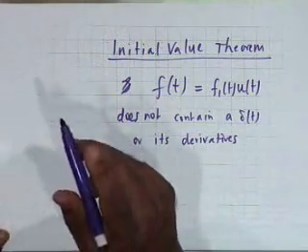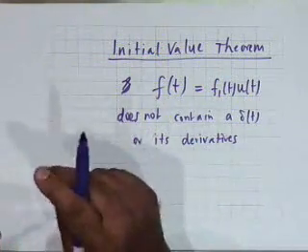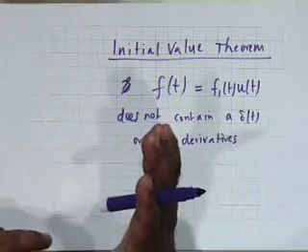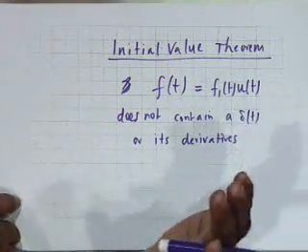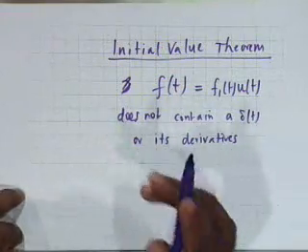So, f of t, we restrict the behavior of f of t. First, it exists for t greater than or equal to 0, and it does not contain a delta function, so that there is no complication.